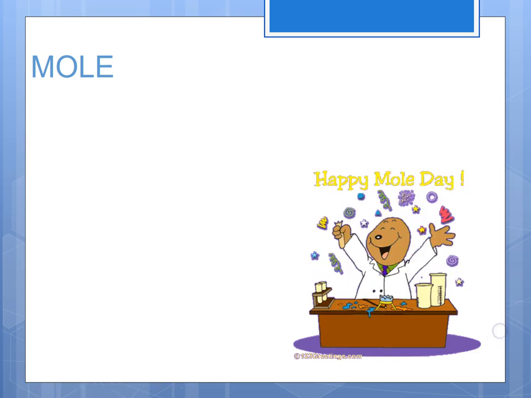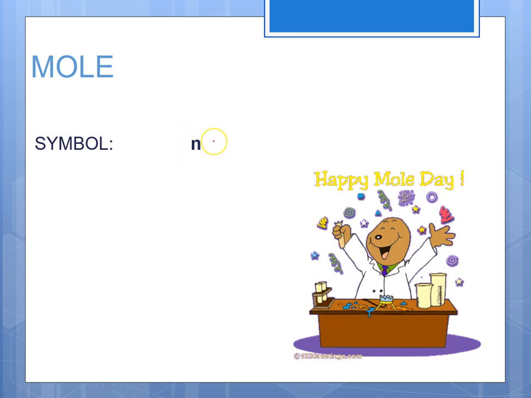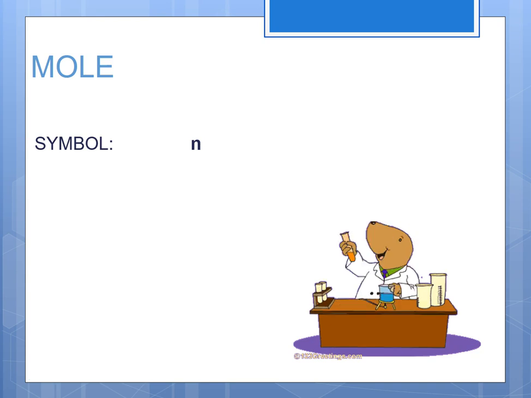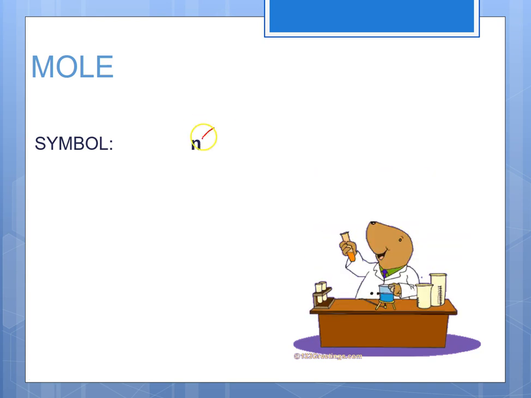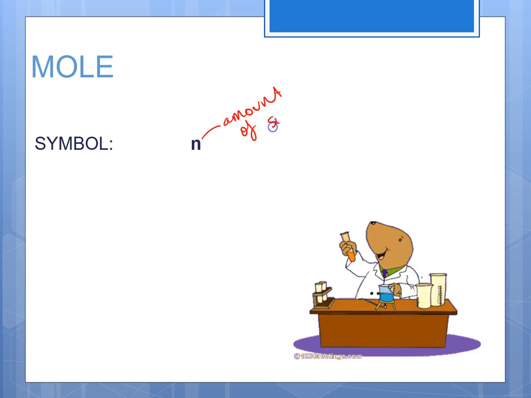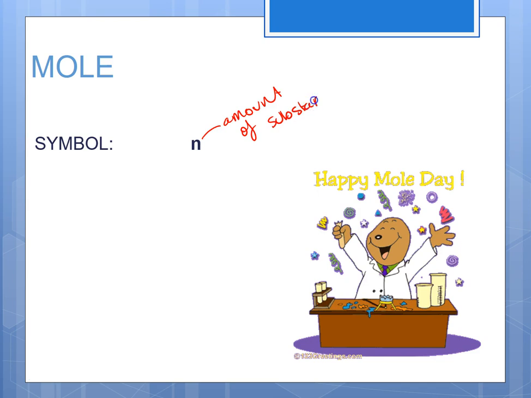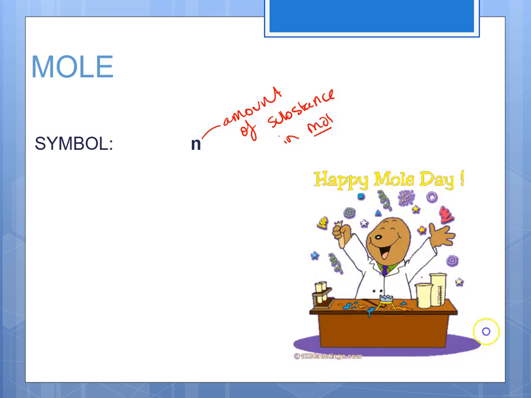So, okay, let's have a look. The mole is given the symbol little n, okay? So anytime in a chemistry equation where you see the symbol with the lowercase n, that is going to mean the mole of substance or the amount of substance in mole, okay?